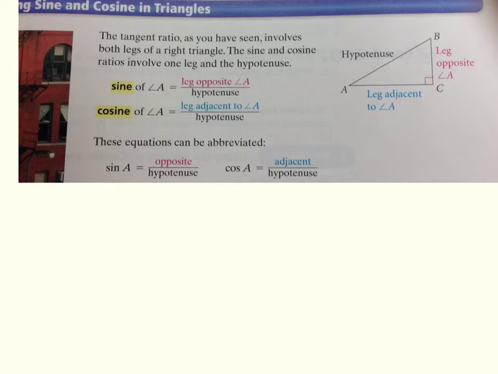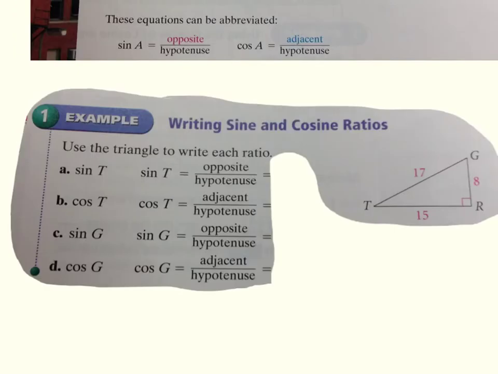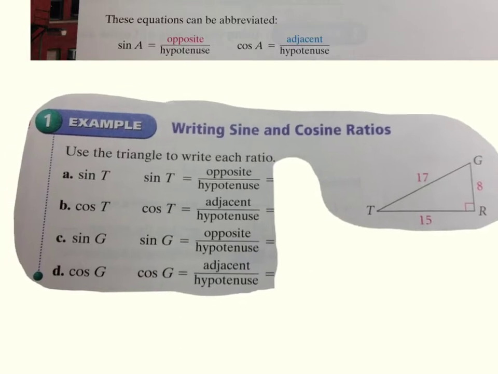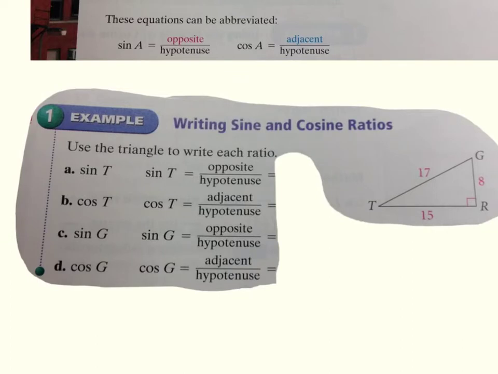Well, let's take a look at some examples and see if we can figure out what they're talking about. Okay, we're trying to find the sine of angle T. So it's going to be opposite over hypotenuse. So for this one, it's going to be 8 over 17.